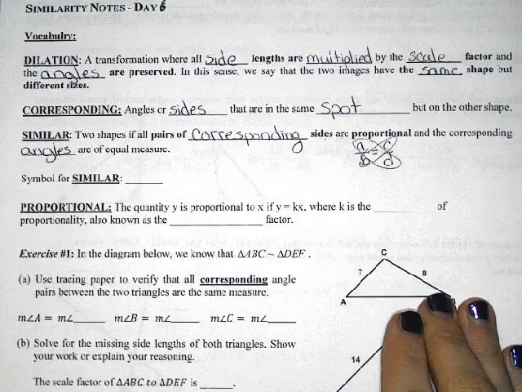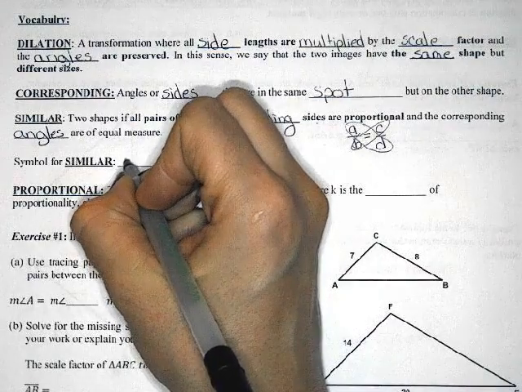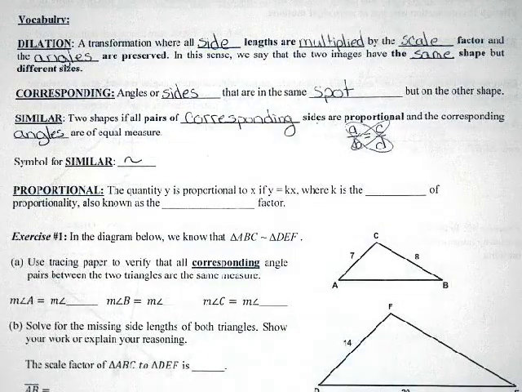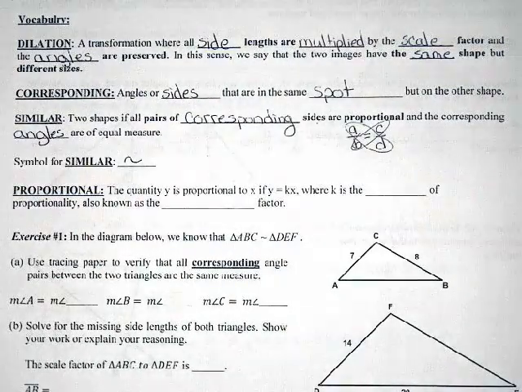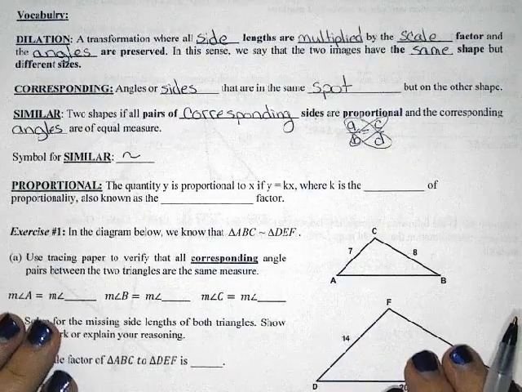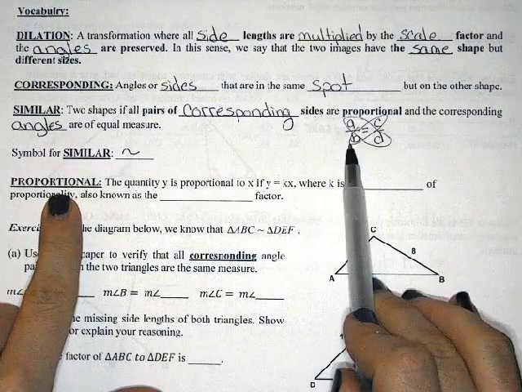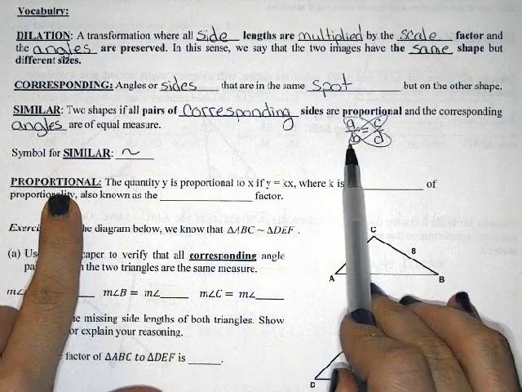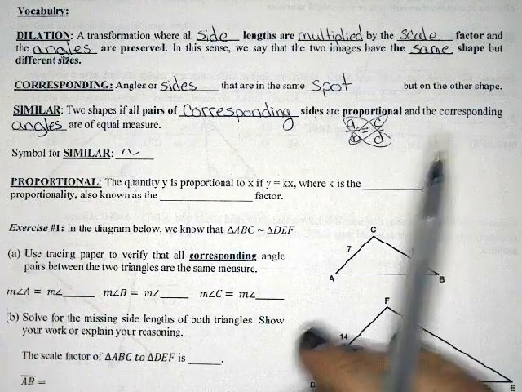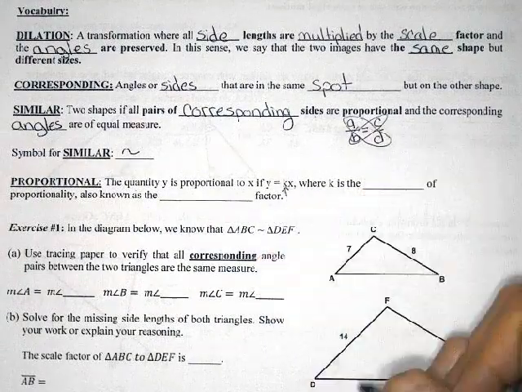Okay, so our symbol for similar looks like a congruency symbol, but just the top part of it. So that little squiggle that we see is what similarity means. So we talked about proportional up here, where we were able to set up two fractions. We've also been dealing somewhat with proportional when we were talking about a scale factor.